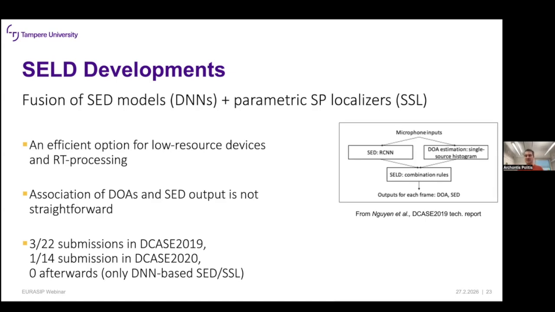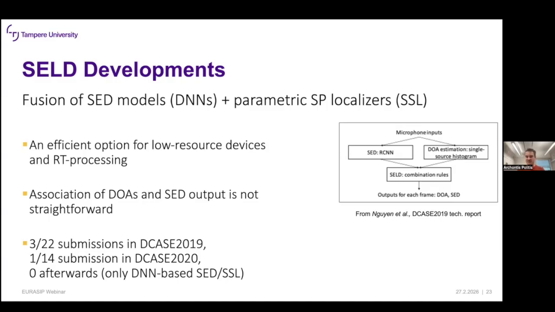However, doing these things independently, I have to say that association of the localization estimates and the sound event detection output is not straightforward. So one has to invest some intelligence in handling this, fusing these two things on top, or decide to take a hit, let's say, on the performance of the system.